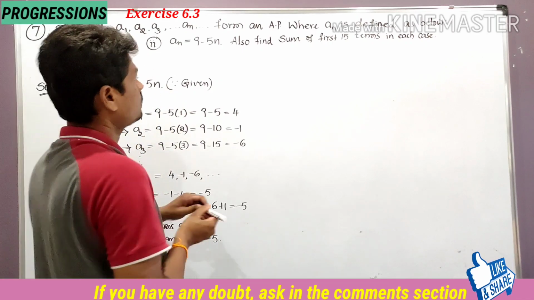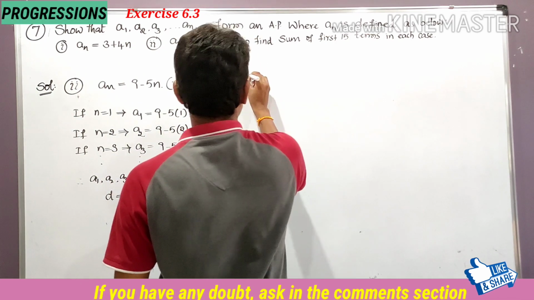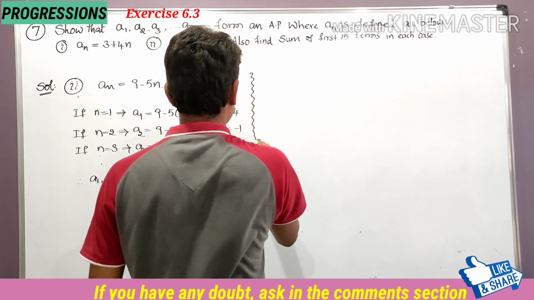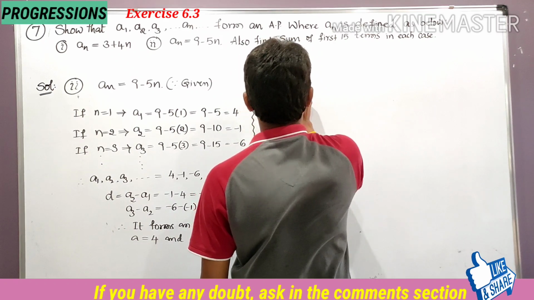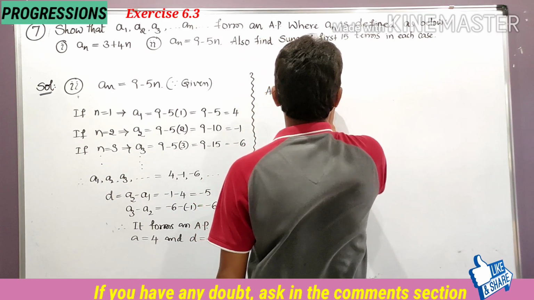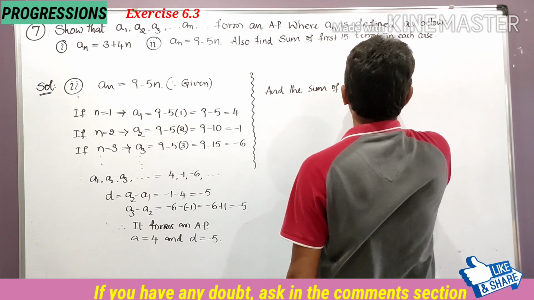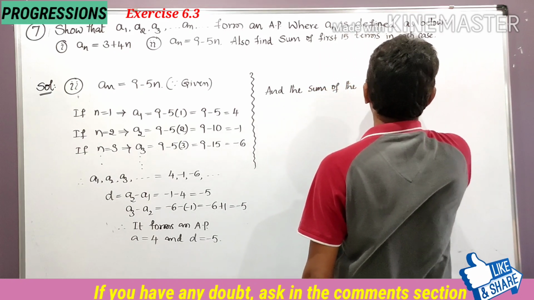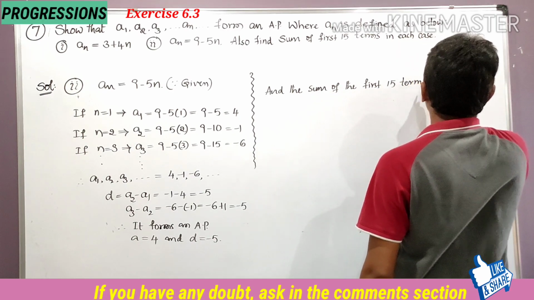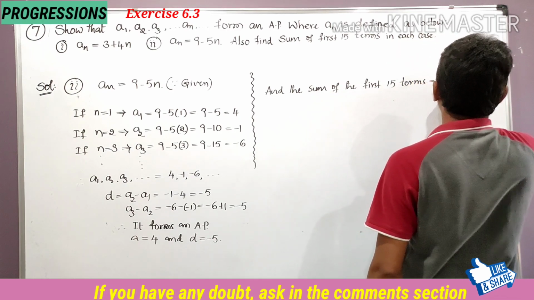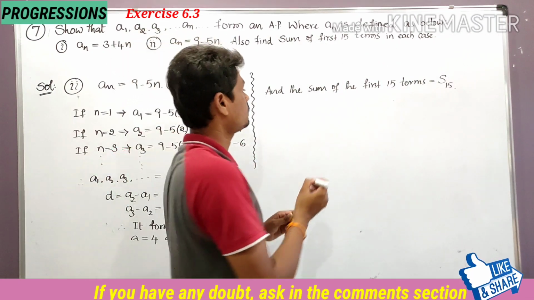Next, it is asking to find the sum of the first 15 terms. The sum of the first 15 terms is denoted by S15.